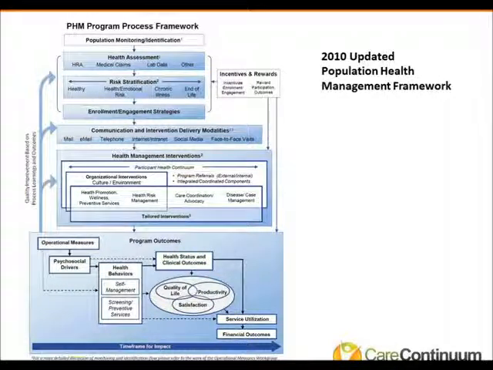It outlines the process flow associated with operating a population health management program, beginning at the top with monitoring the population and identifying individuals for a specific program or intervention.